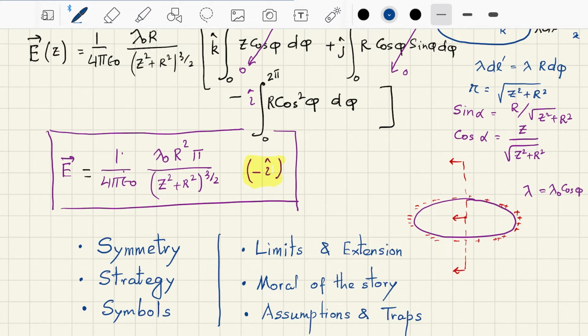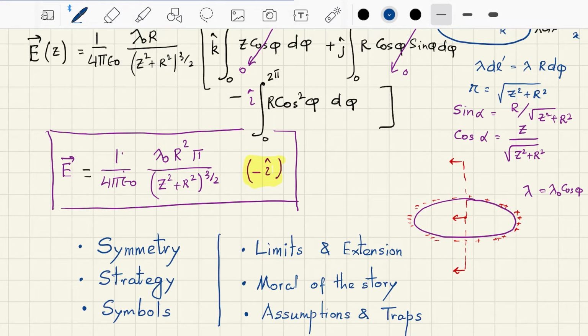I have seen in students this craving for solving hundreds of problems on one concept. That's not required. If you take a representative number of problems and think about them deeply and make mental notes of some of these aspects, that is, what is the symmetry, what strategy did I follow, and the symbols that were required.